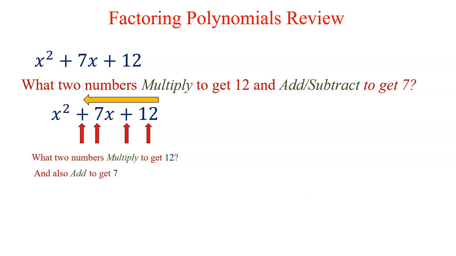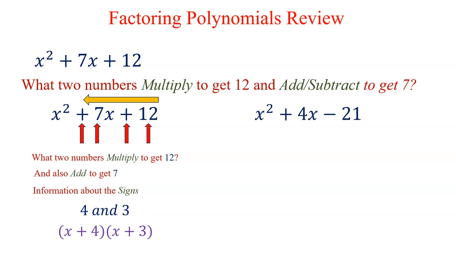The next symbol will tell me something about the signs of those two numbers, which we'll look at more closely as we go forward. So the two numbers that multiply to get 12 and add to get 7 happen to be 4 and 3. Ultimately, my factors will be x plus 4 and x plus 3.